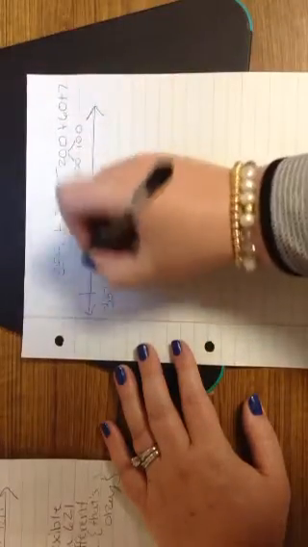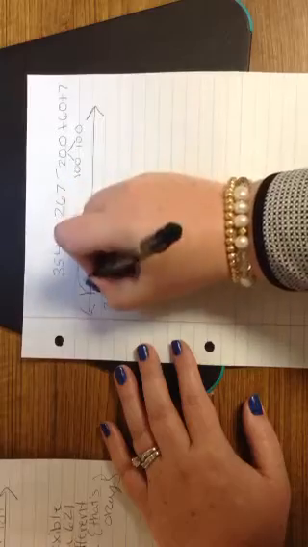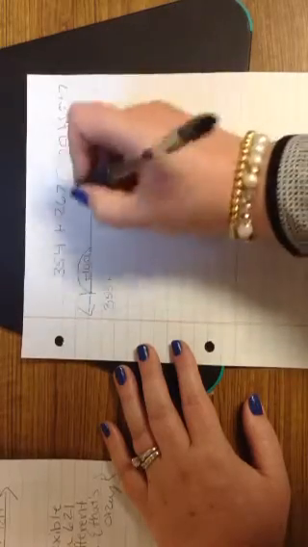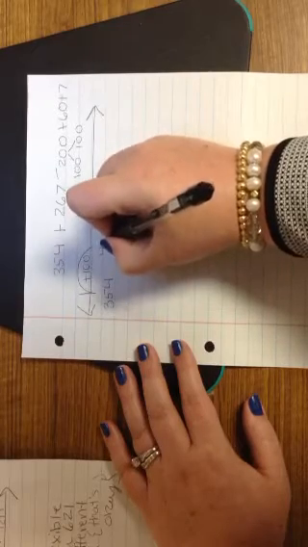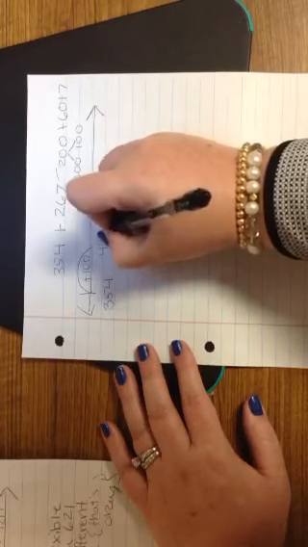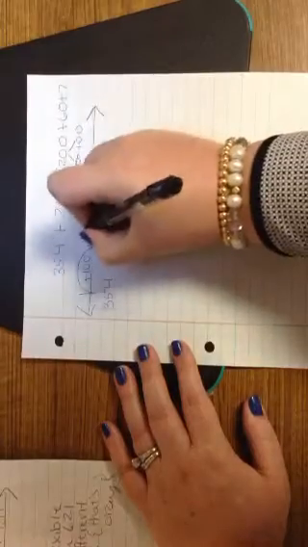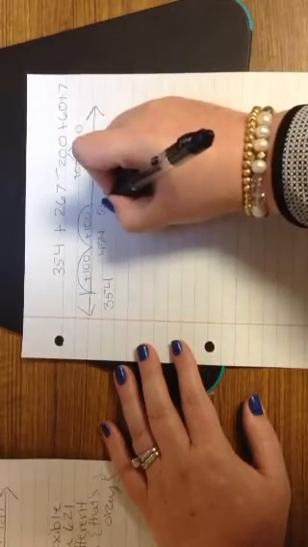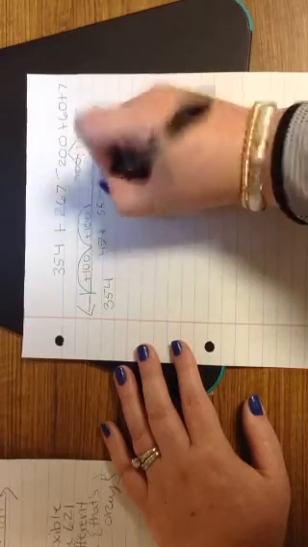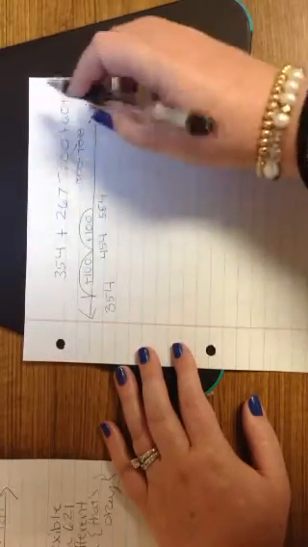So if that's where I wanted to start, I would do my first jump to 100. And so now my number would be 454. And then my next 100. So now I'd be at 554. So now I'm done with my hundreds.